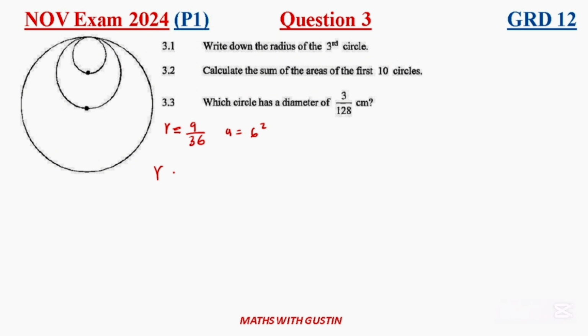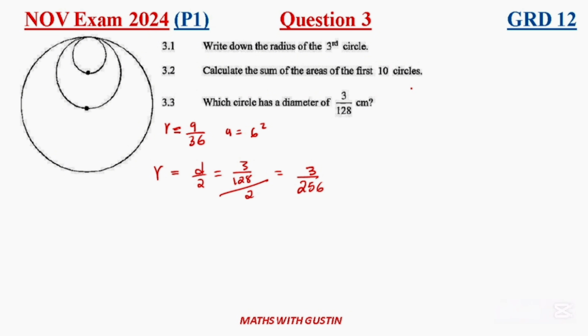So radius is equal to diameter divided by 2, which is 3/128 divided by 2, and if we put this into our calculator, it gives 3/256. So that is our radius.